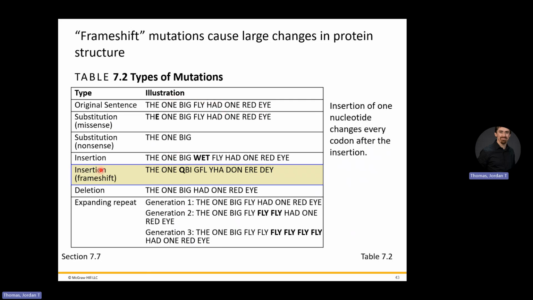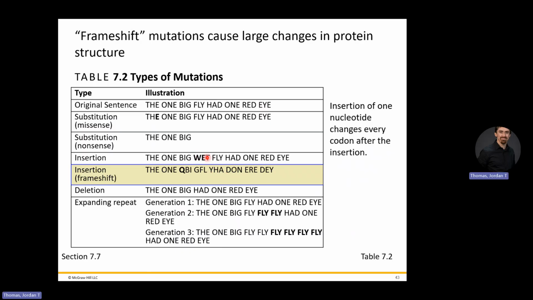But if we have an insertion, we are inserting a new letter, and we can change the whole meaning. So we can see here, if we insert one letter, take this Q, we get D1, and then everything after this is messed up. We are no longer getting the same sentence. It is a big change.